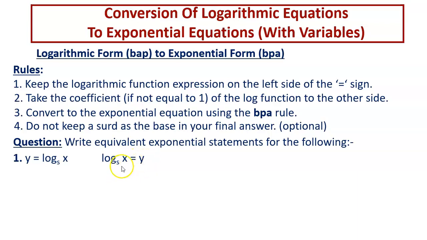This is BAP. We have to convert to BPA. That is base, power, P stands for the product and the power, base remains the base, and the argument becomes the answer. So it is BPA, which is s to the power of y equal to x.